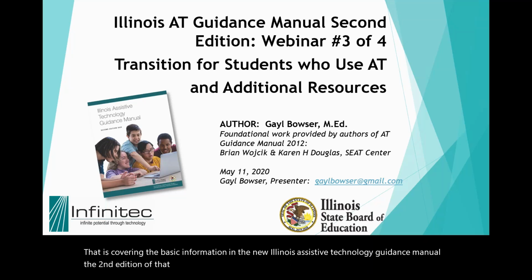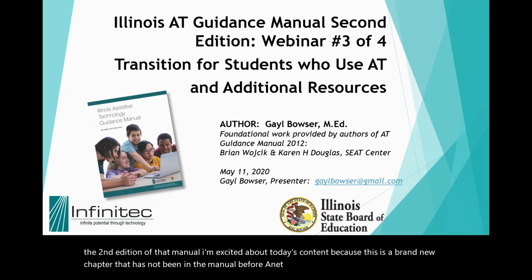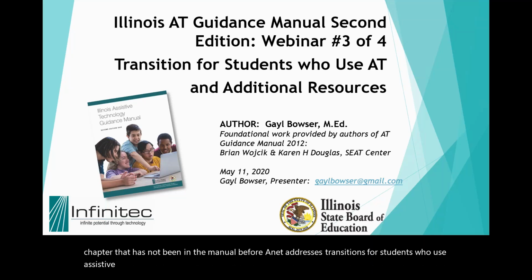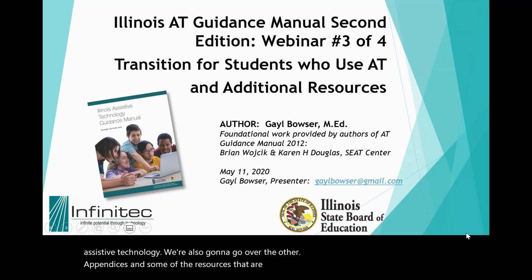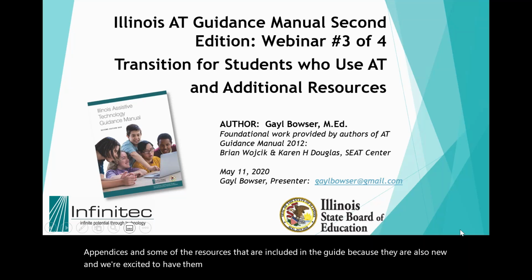I'm excited about today's content because this is a brand new chapter that has not been in the manual before, and it addresses transitions for students who use assistive technology. We're also going to go over the appendices and some of the resources that are included in the guide because they are also new, and we're excited to have them included. We wanted to make sure that you were aware of what was there.